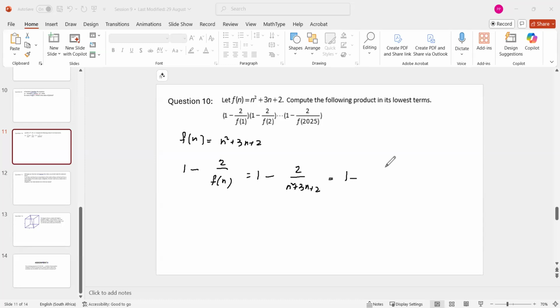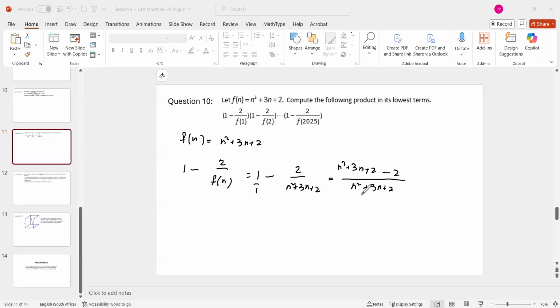This is 1 minus 2 over, let's simplify it straight away. The common denominator is n squared plus 3n plus 2. When you multiply it by 1, you get n squared plus 3n plus 2 here. And then you get minus 2, when you simplify this.